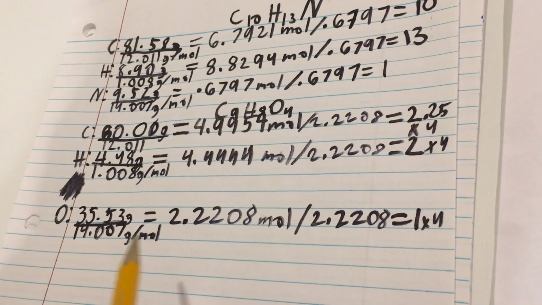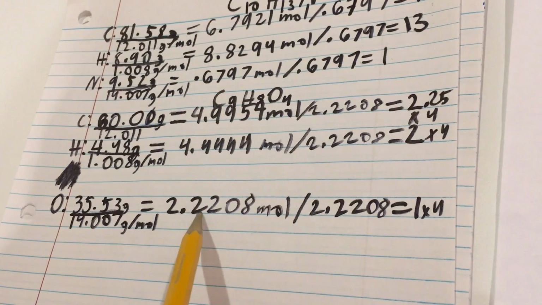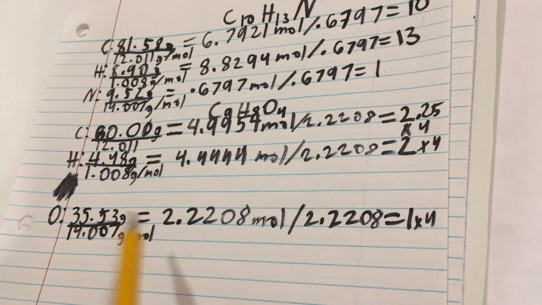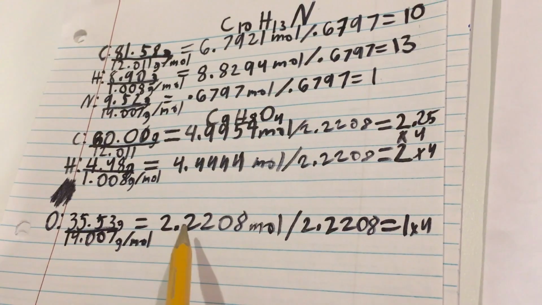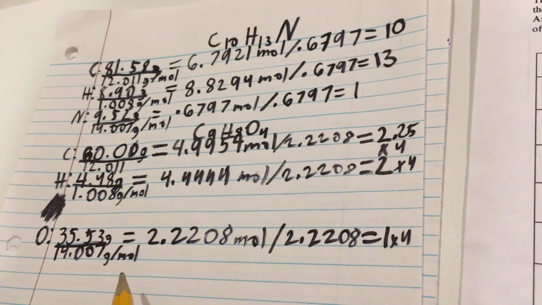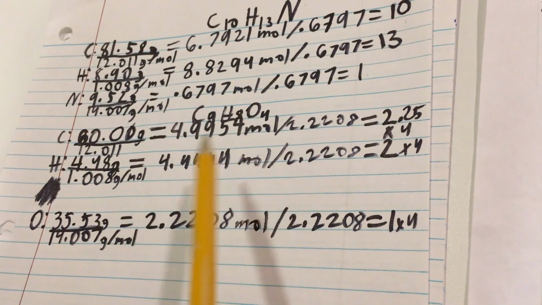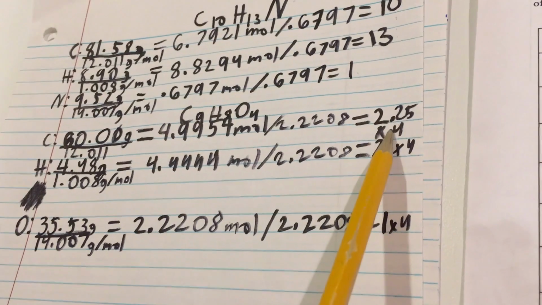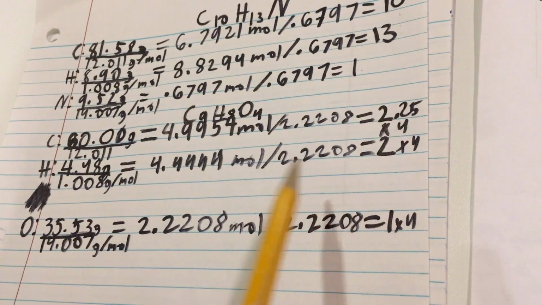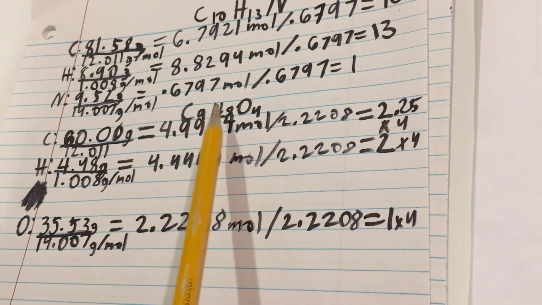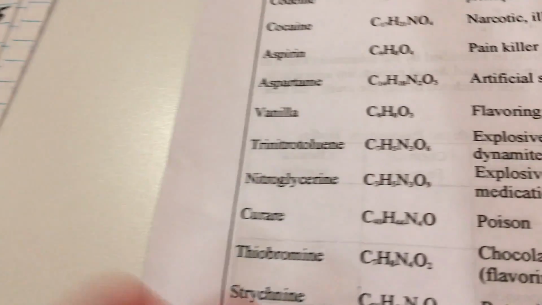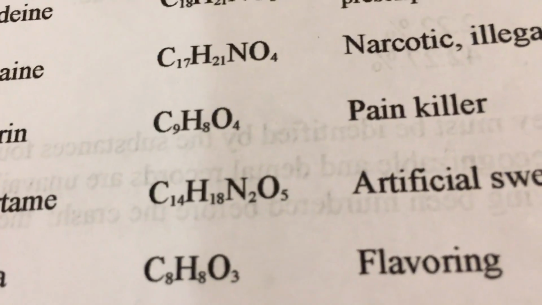For oxygen, it was 2.2208 moles. I divided them all by the smallest, which is 2.2208. And since carbon didn't turn out to be a whole number, I multiplied them all by 4. And that gave me C9H8O4. And as you can see, it is aspirin. It is a painkiller.